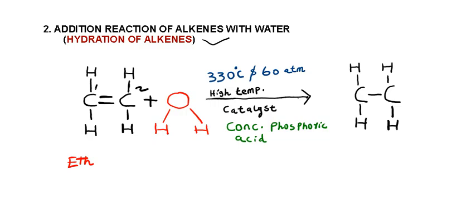Now, let's look at the functional group. We have a functional group here, which is the double bond. This double bond belongs to a group of organic compounds called alkene. Then we take the ENE from alkene and add it to this eth.